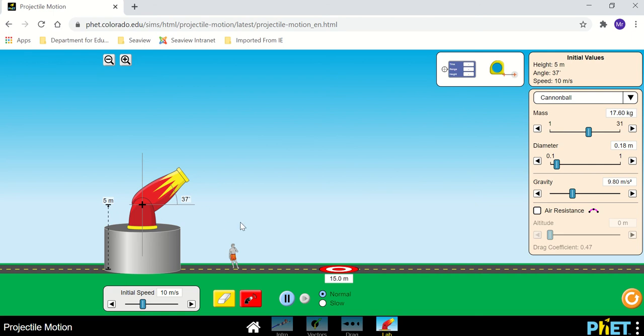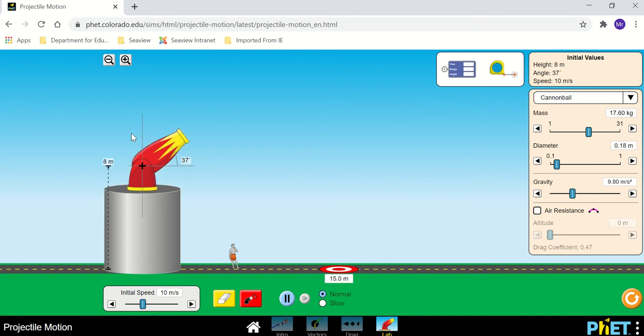And remember, the horizontal range is the horizontal component of velocity multiplied by its time of flight. So as we increase the height of the projectile, it is better for optimal range to decrease the angle, because then we have a larger horizontal component of velocity. And if we make it even higher, just having it higher in the air, we're going to have a longer time of flight.